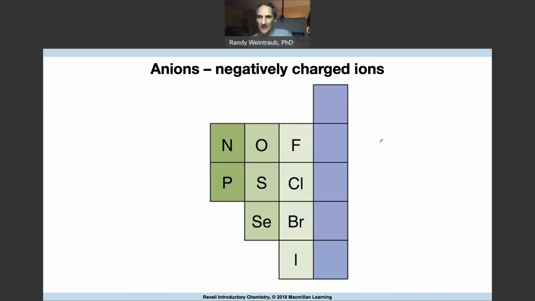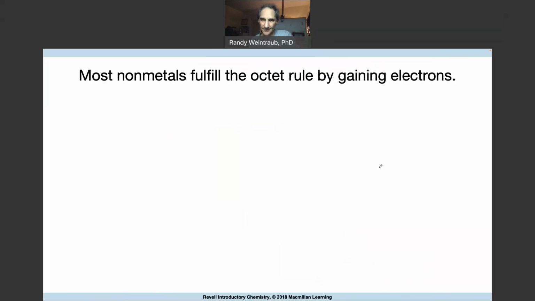Anions are ions that have negative charge. The nonmetals, which are located on the right side of the periodic table, are the ones that tend to form anions. And they do that to fulfill their octet.